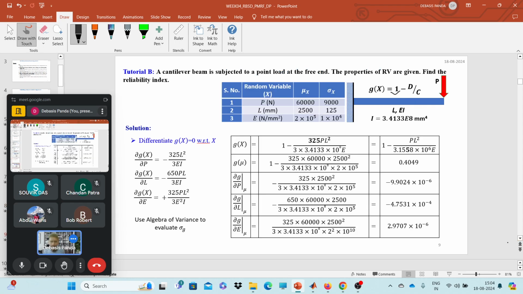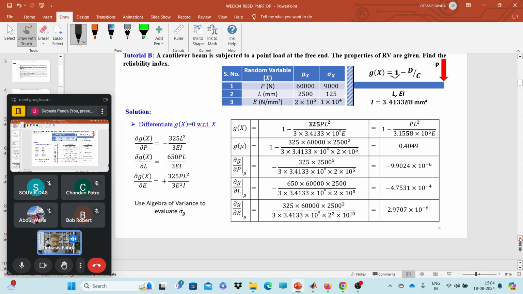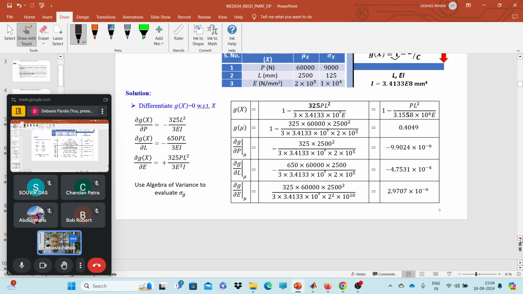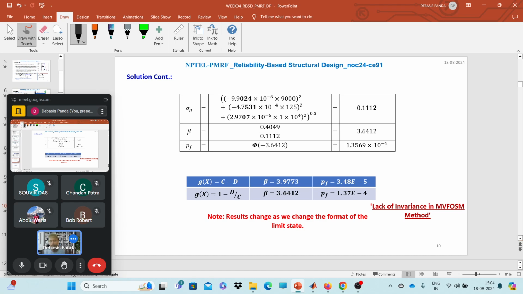Using Cornell's reliability index and the mean value first order second moment method, we got different betas and different probabilities of failure. Although the problem is the same, when we change the limit state, the final estimate of beta and probability of failure changes.